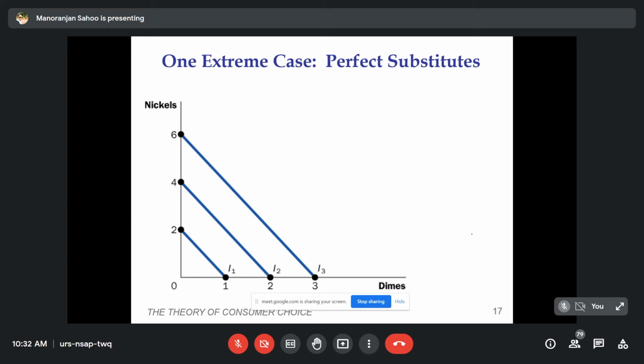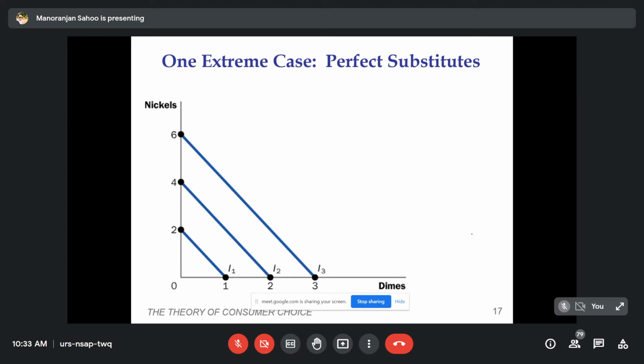You may always prefer the iPhone to the MI phone, or you may prefer the MI phone to the iPhone, because both are not perfectly substitute to each other. If two goods are perfectly substitute, that means both are identical for the consumer.